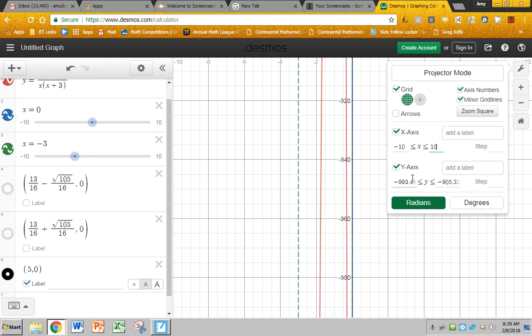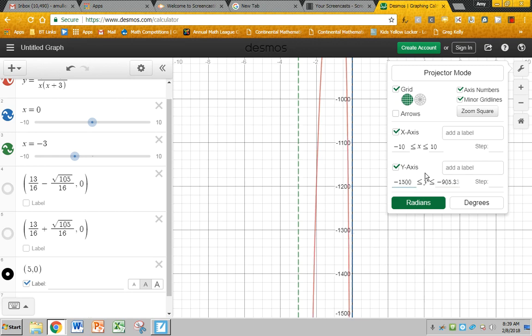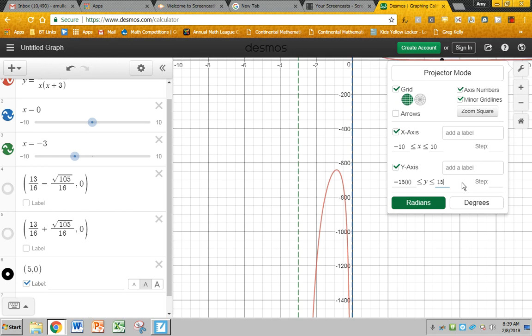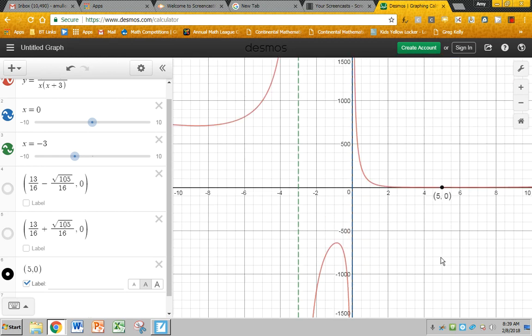And then on the y-axis, let's type in negative 1,500 to 1,500. How'd you know that? Well, because I did it before we got here. I'm a wizard, right?